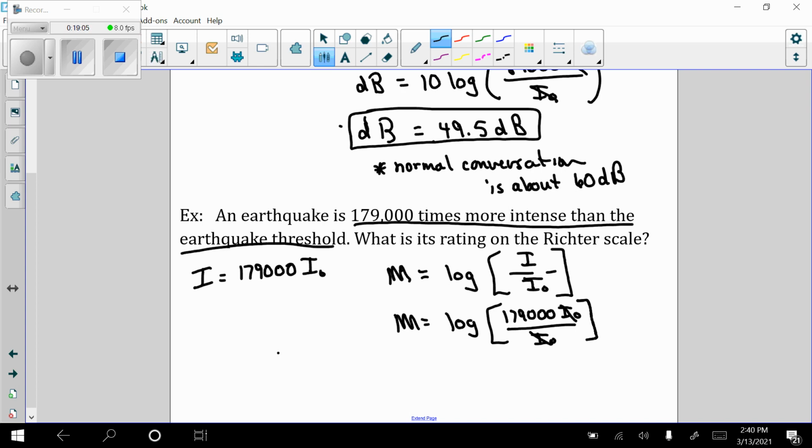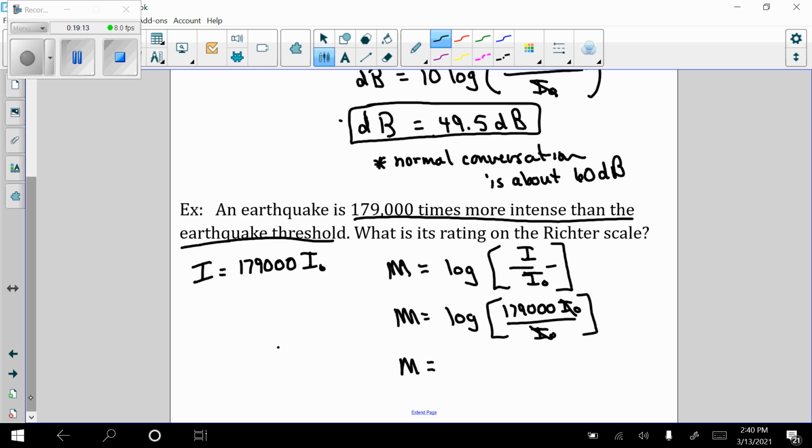So I'm just taking the log of 179,000, and that comes out to about 5.923 on the Richter scale. And if you look back at that little chart, that is just considered a moderate quake.